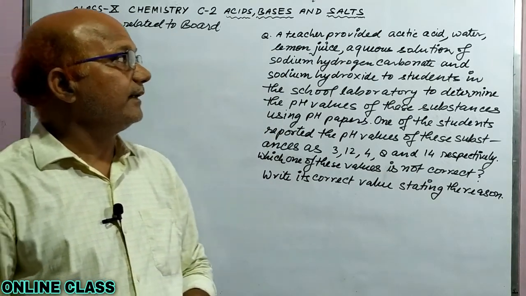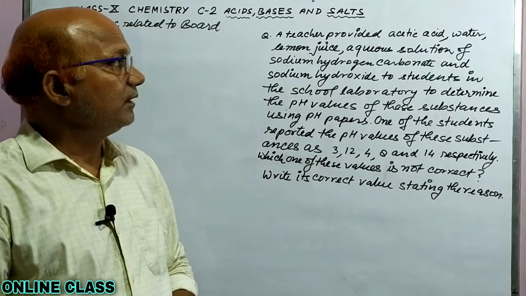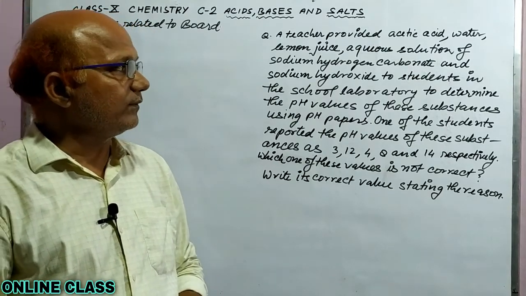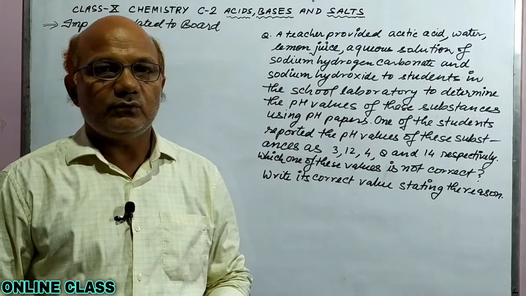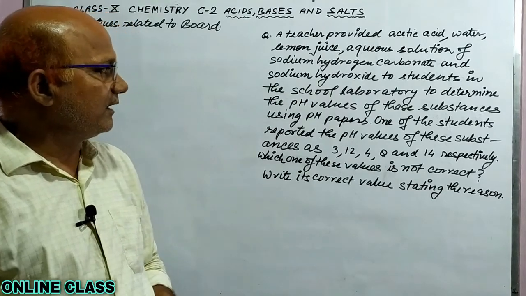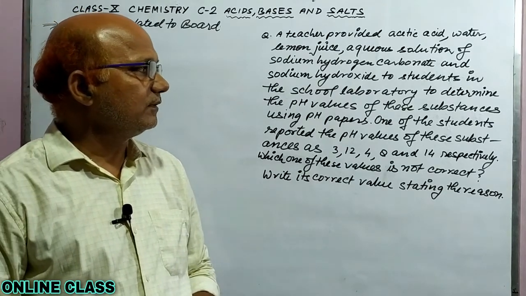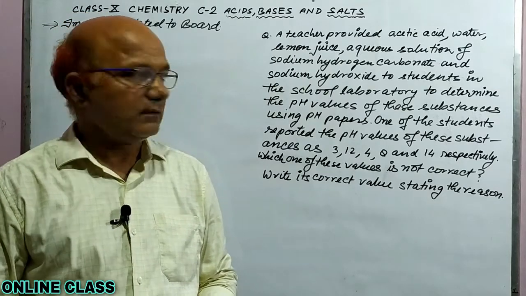A teacher provided acetic acid, water, lemon juice, aqueous solution of sodium hydrogen carbonate and sodium hydroxide to students in his school laboratory to determine the pH values of these substances using pH paper.